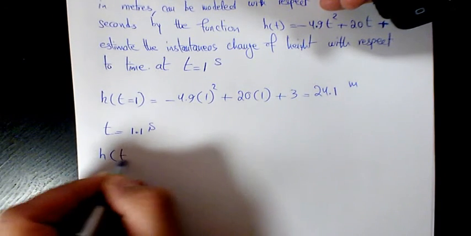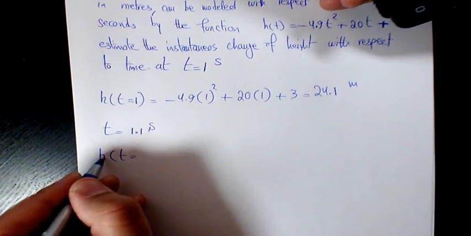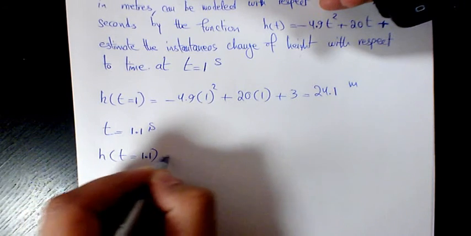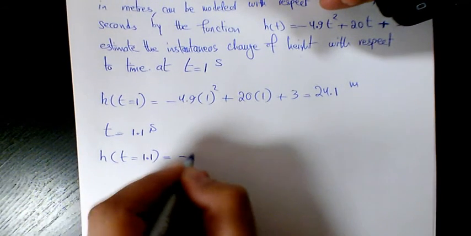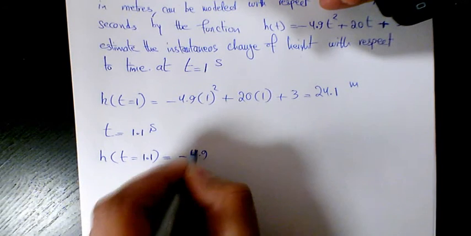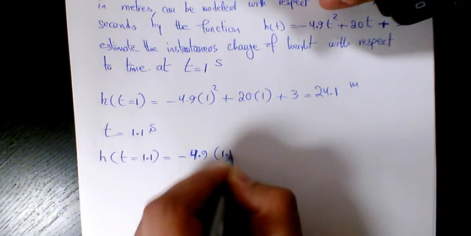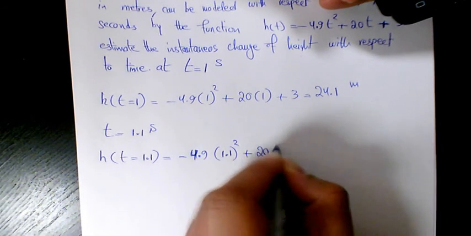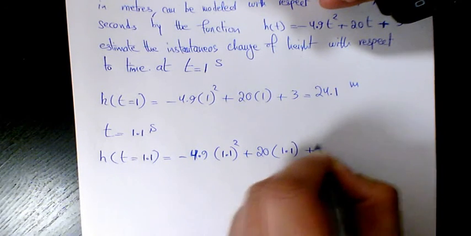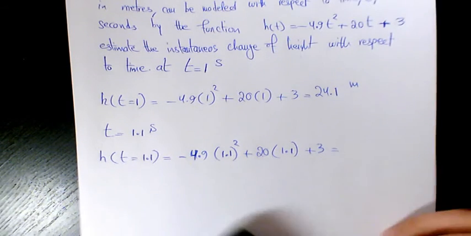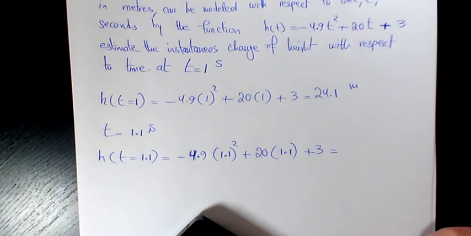So h of t when t is 1.1 is going to be negative 4.9 times 1.1 to the power of 2, plus 20 times 1.1, plus 3.